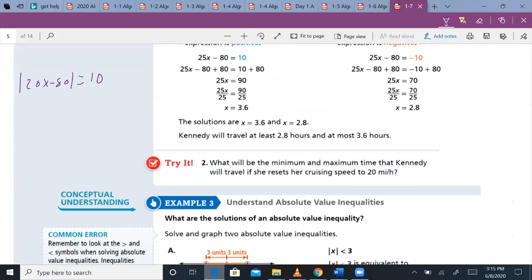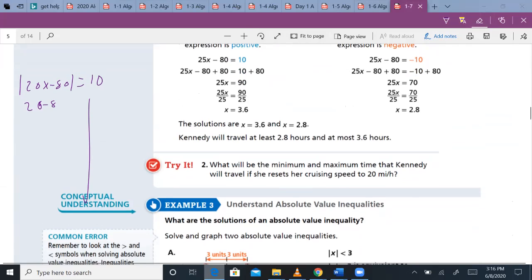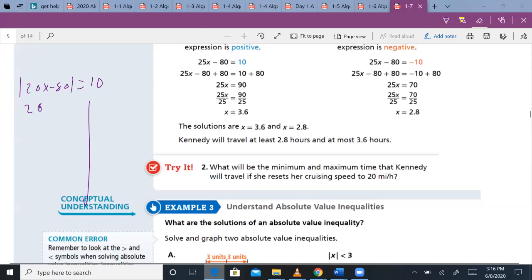We solve for x for both of them, but there are two answers. 20x minus 80 equals 10, but then also 20x minus 80 equals -10.